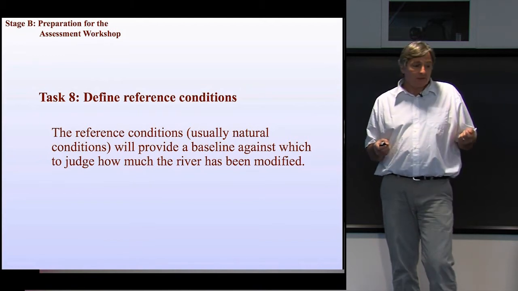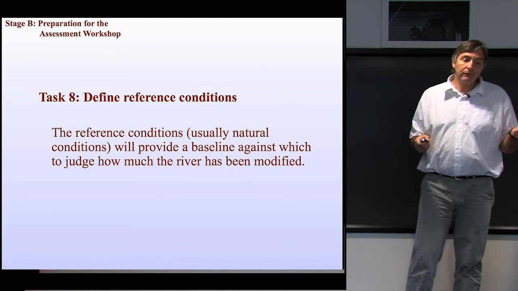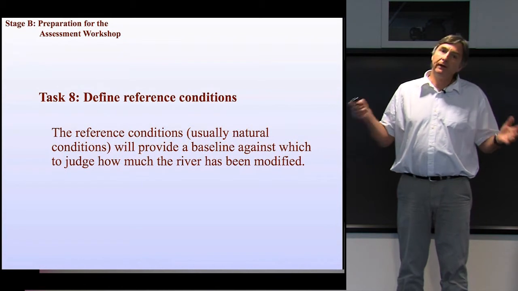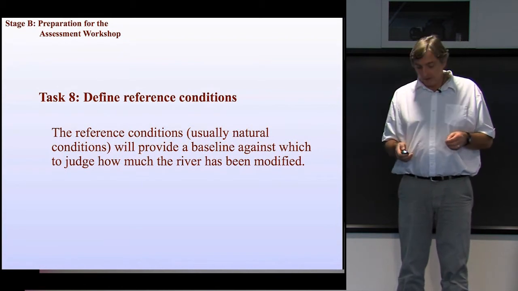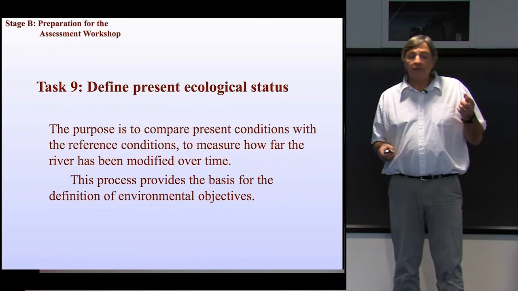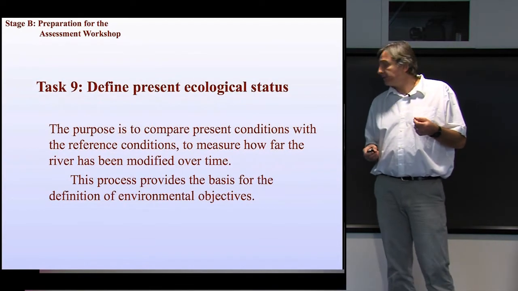So they'll provide a baseline against which to judge how much the river has been modified, and in order to decide, has it been too much modified and do we need to improve it, or is it all right to just maintain present conditions?